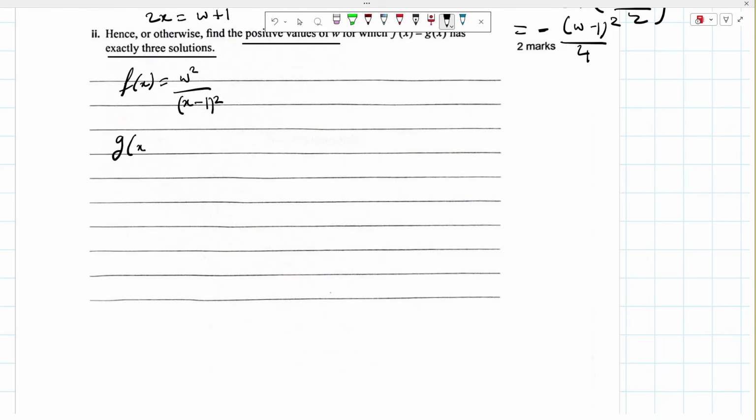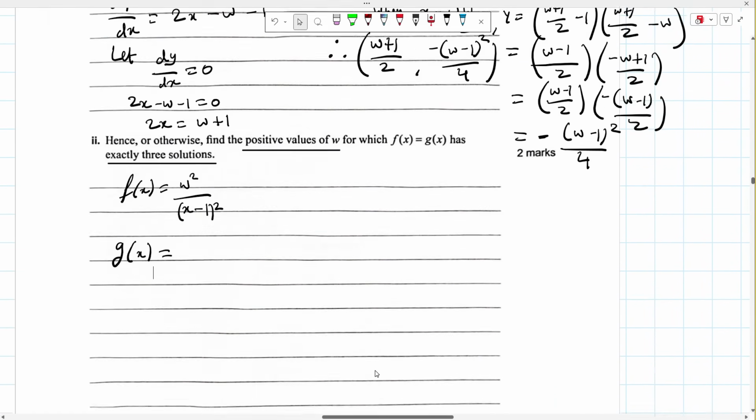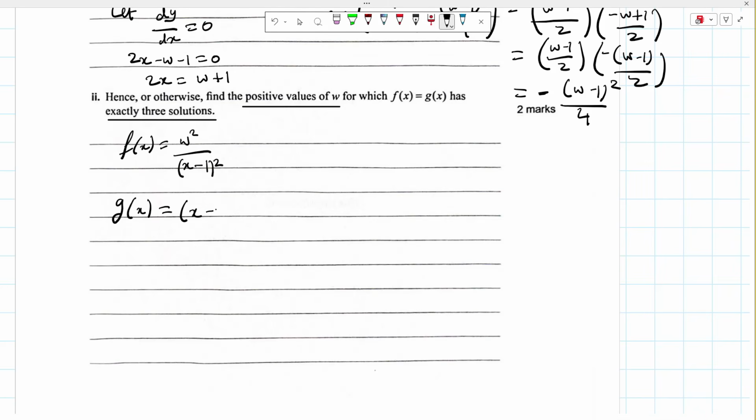And g of x is going to be (x minus w) squared. Let's equate these together because we want to find the solutions to this equation. So we get w squared over (x minus 1) squared is equal to (x minus w) squared.